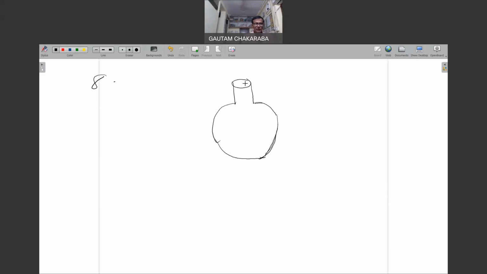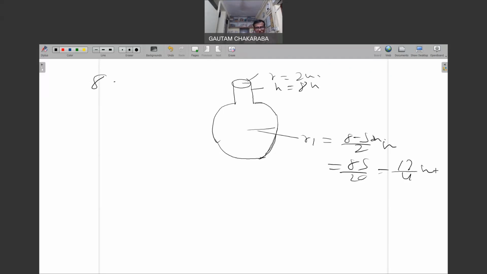So this is the height of the cylinder neck 8 centimeter, radius 2 centimeter, and this spherical radius is 8.5. The diameter 8.5, the radius divided by 2, 85 by 20, 17 by 4 centimeter.